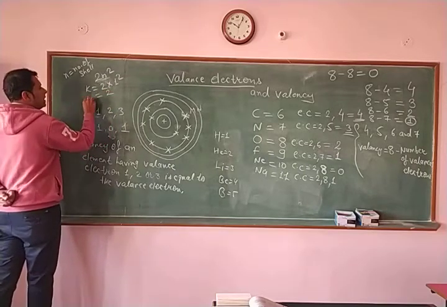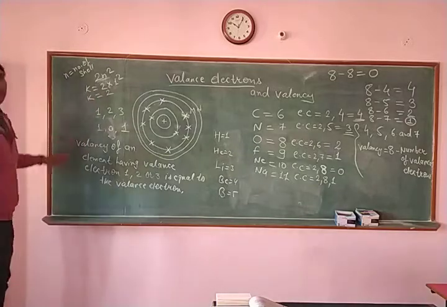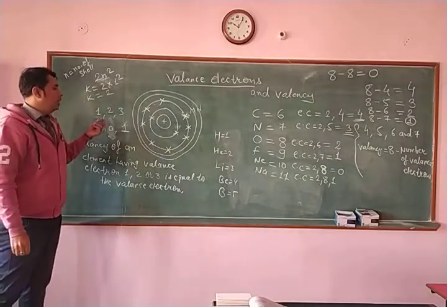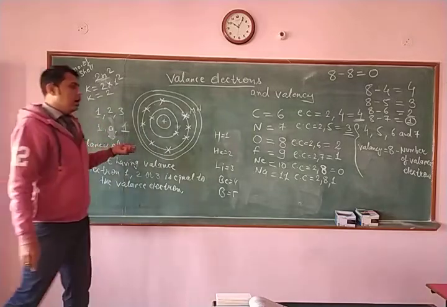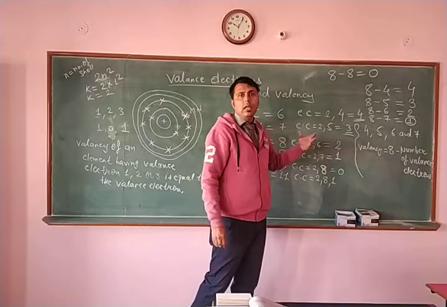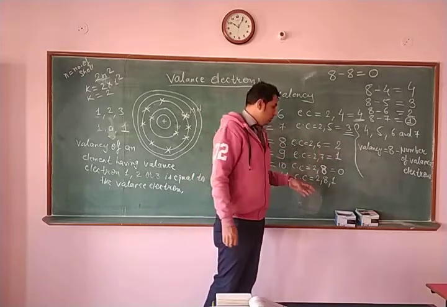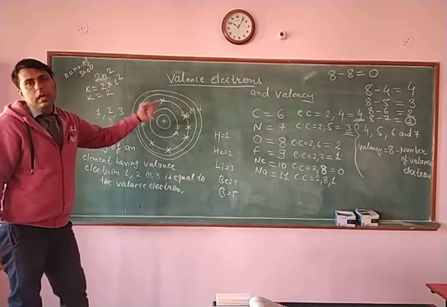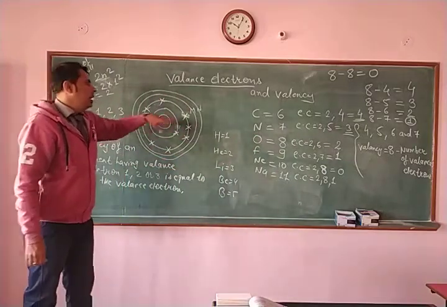So K will contain 2 electrons. In the same manner, L will contain 8 electrons. So here L is full. L does not have the capacity to take more electrons, so the electrons will move further to M.